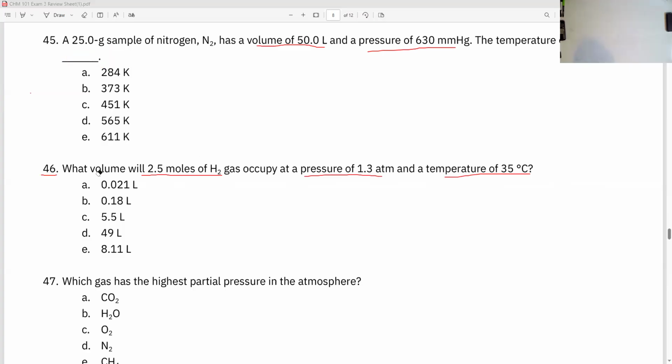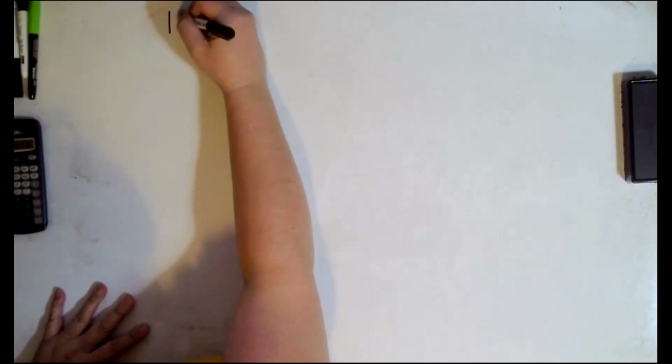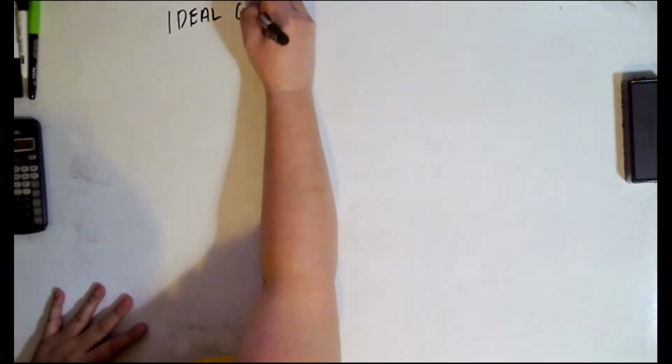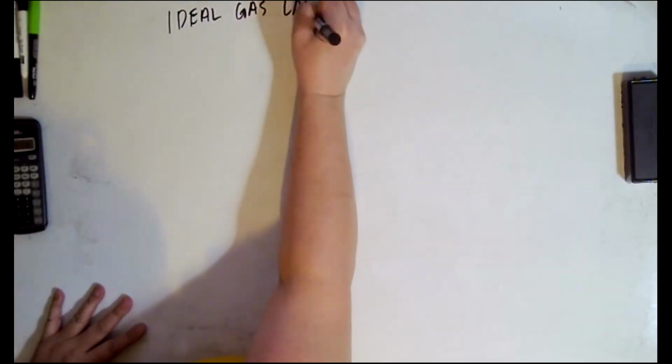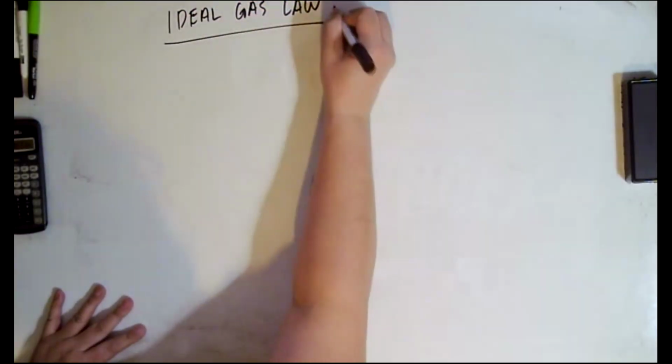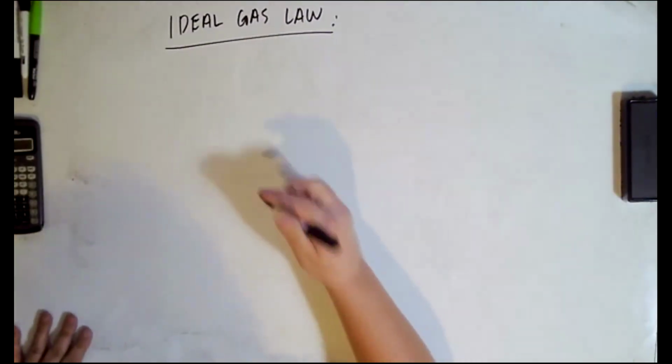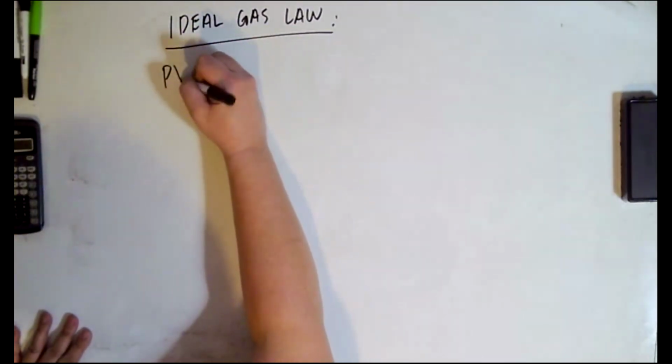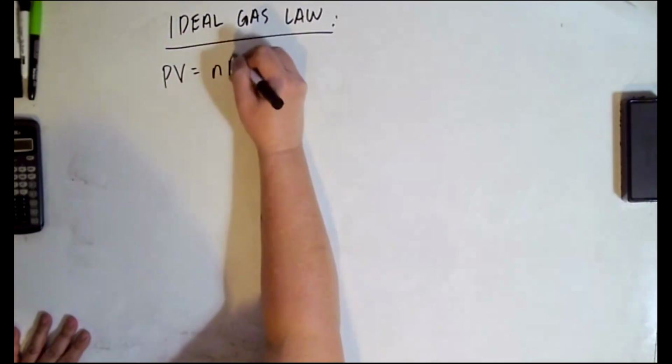So 45 and 46 are both examples where we're going to have to use the ideal gas law to find the missing piece of information. And the ideal gas law is going to be PV equals nRT.